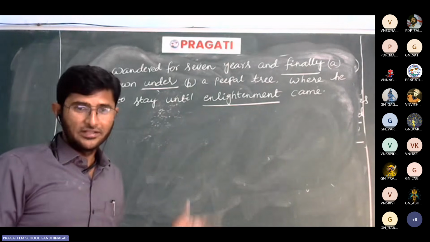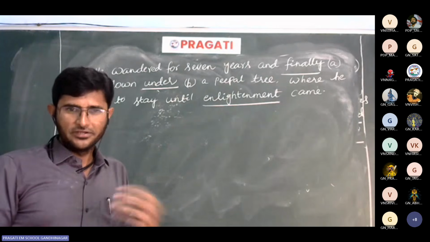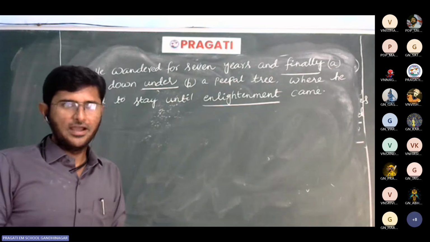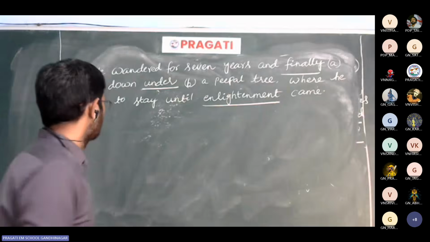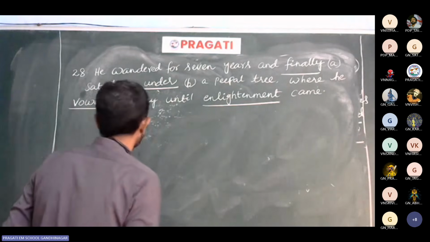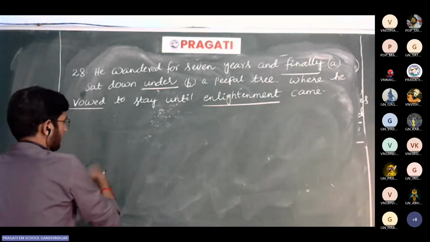Right? So here, unlike question number 27, where options are given, we don't have any options. So you yourself have to write the opposite words of the words given here, right? So the first one is finally, right? So what is its opposite? It's a pretty straightaway and easy one.